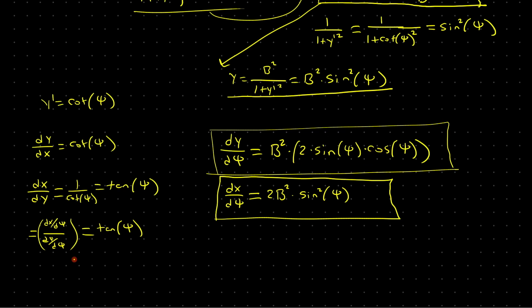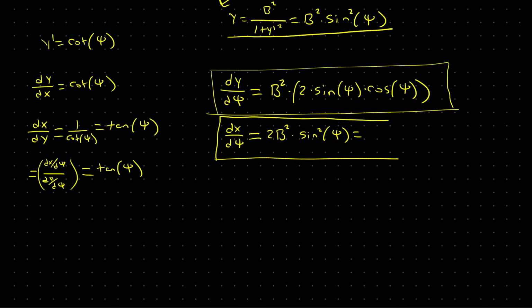So plugging in, solving for dx d psi will give us exactly 2b squared sine squared of psi. Recall that we can use the double angle identity on sine squared of psi here. So sine squared of psi is the same thing as 1 minus cosine of 2 psi over 2, which means this entire thing is just b squared times 1 minus cosine of 2 psi.